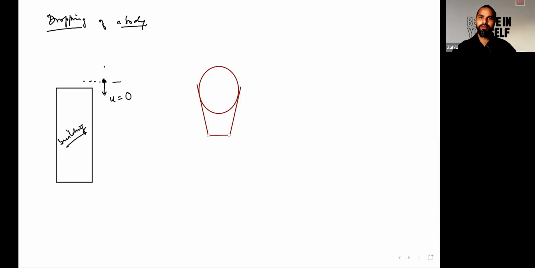Just assume this is your hot air balloon, and there is a ball or a body in this part. The balloon is ascending upward at some initial velocity u, and at some instant of height, the body is dropped from this system. Would this body go in the upward direction or the downward direction?